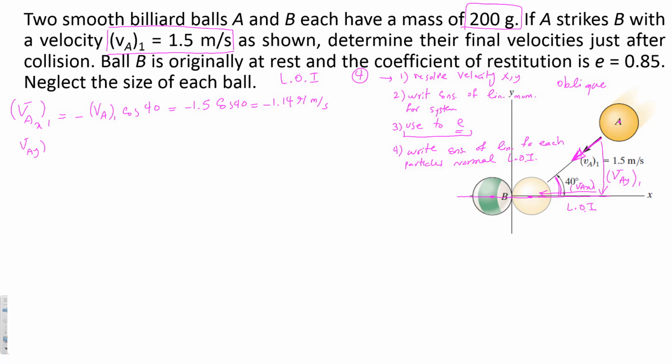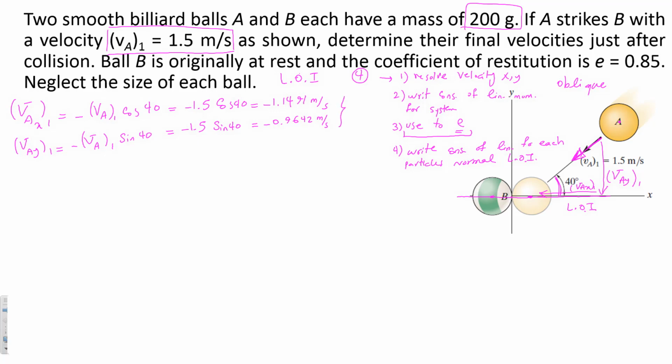The y component of velocity just before the impact is minus VA1 sine 40, so minus 1.5 sine 40 is equal to minus 0.9642 meter per second.